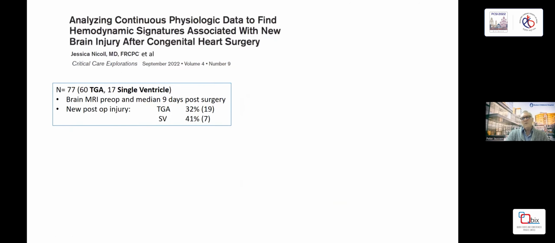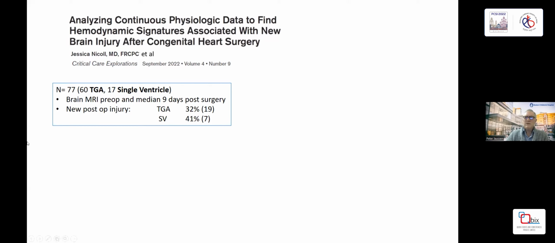We've also looked at different ways to analyze this data and predict risk. I could go through a whole series of examples, but I wanted to take one from Jessica Nichols, recently published when she was working at Sick Kids with Steve Schwartz and colleagues, where they looked at 77 patients, 60 who had transposition, 17 with single ventricle. They looked at changes in their brain from pre-op MRI to post-op MRI.